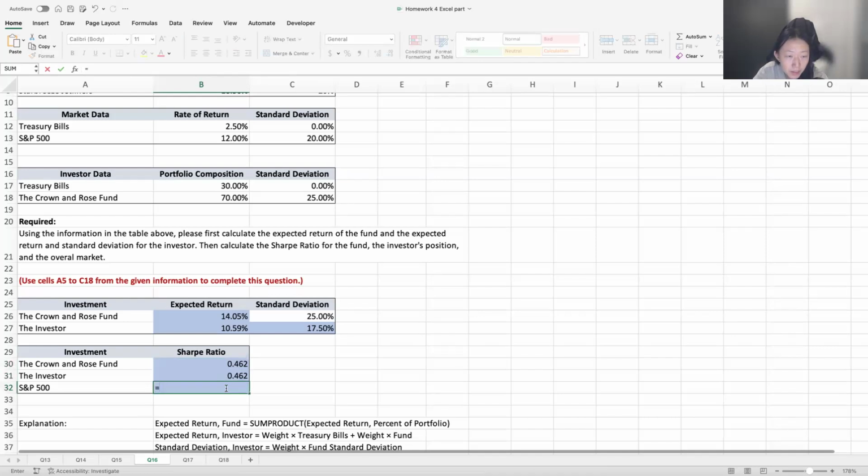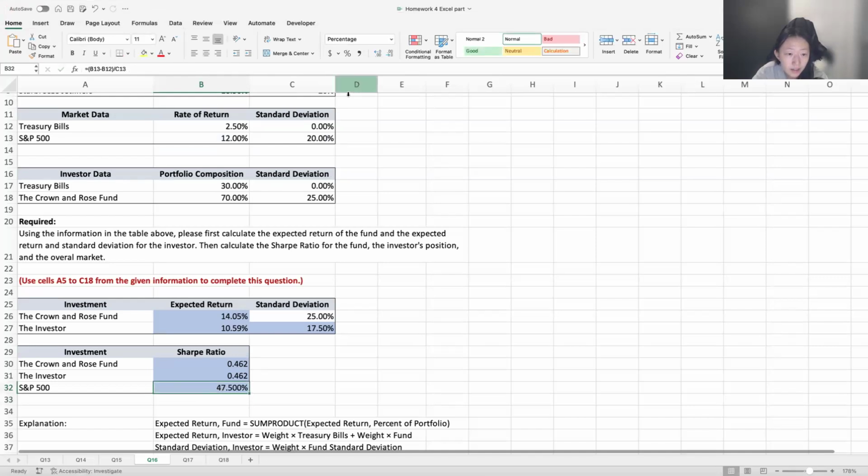And for the S&P, we want to compare the investors' choice, this risky portfolio's risk-adjusted return performance, by comparing the Sharpe ratio with a benchmark. The benchmark is earning a 12% return. So the premium will be 12% minus 2.5 divided by the standard deviation.